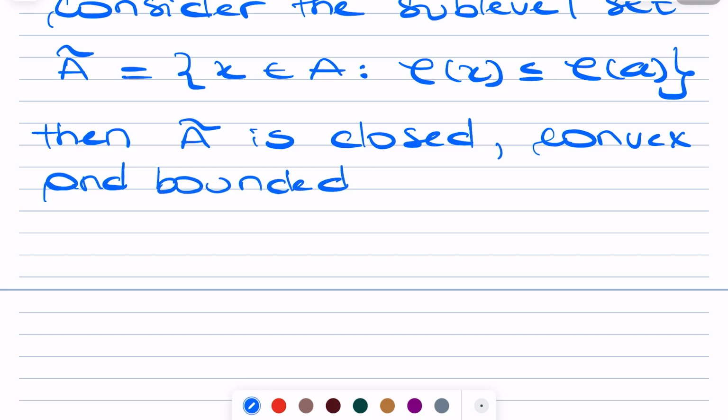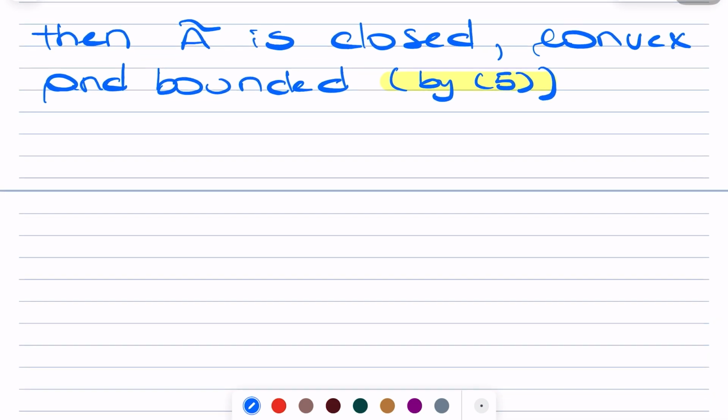This is by assumption 5. And A tilde is compact.